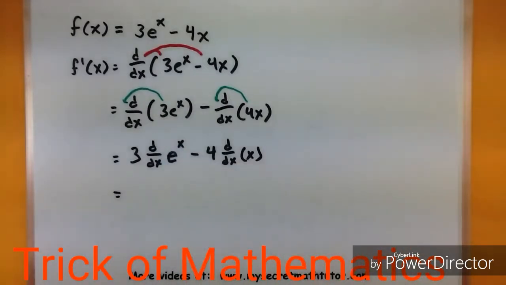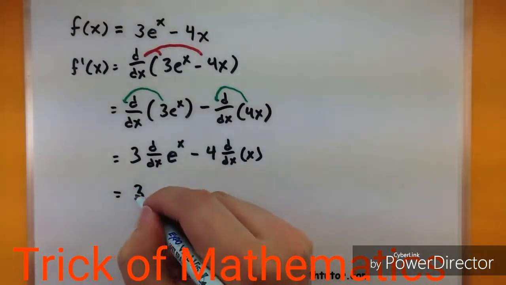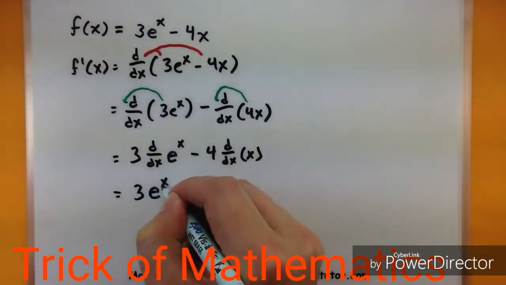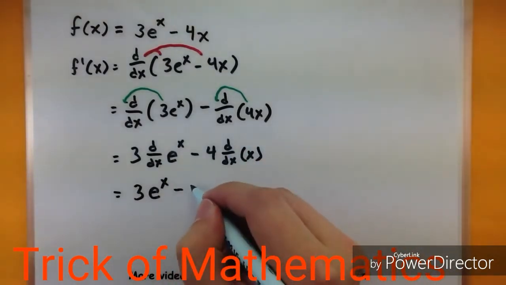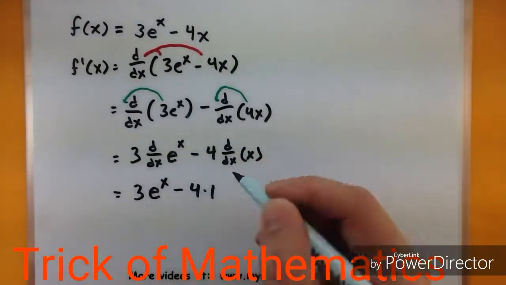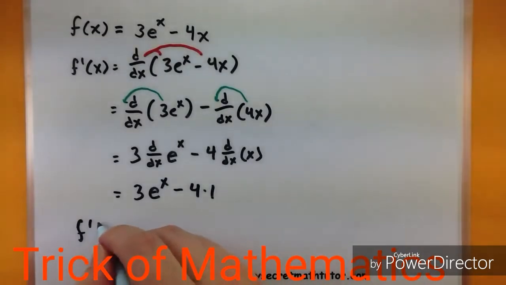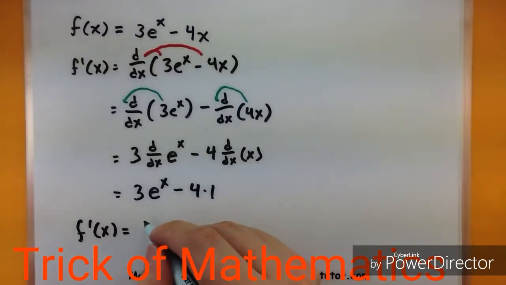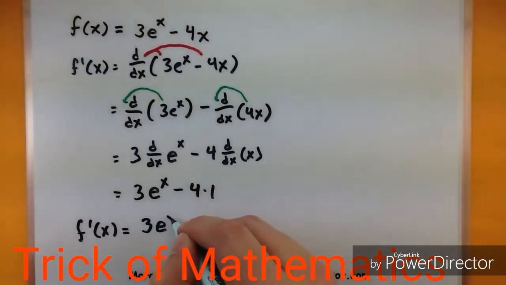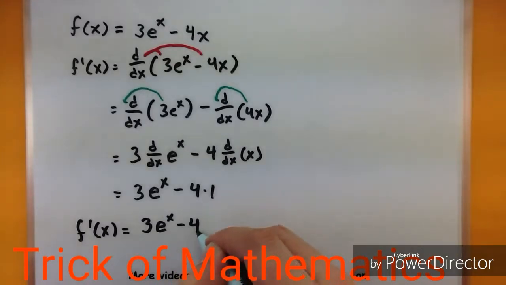The derivative of e to the x, that's our special one, is the same as e to the x. Nothing changes. The derivative of x is 1, so we have minus 4 times 1. Let's write down everything we have left over. So the derivative of f is 3e to the x minus 4.